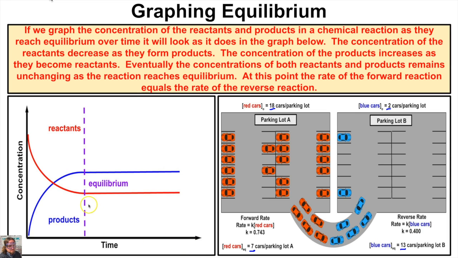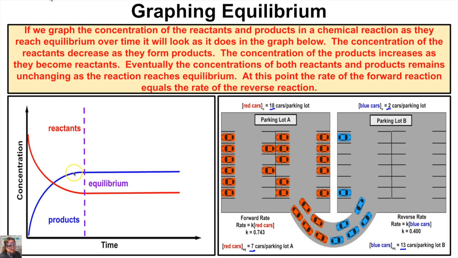And so what's going to happen is this: in a chemical equilibrium, we're going to have a high concentration of reactants, and over time the concentration of reactants is going to start to decrease as these reactants form products. Initially there are no products, and so as the chemical reaction starts to happen, the concentration of our products is going to increase as reactants begin to form products.